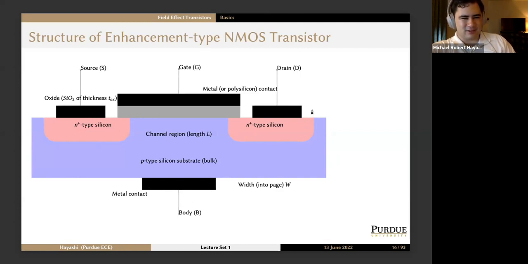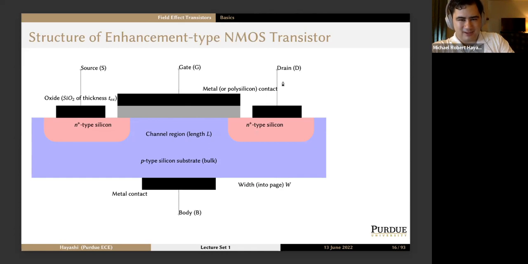We're going to call one of them the source, the other the drain. We're going to put an oxide of silicon dioxide, thickness Tox, over this channel region with length L between the two wells. And then we have this metal or polysilicon contact on top, and we'll call this contact the gate. The width into the page is W. So here we have our basic enhancement type MOSFET.